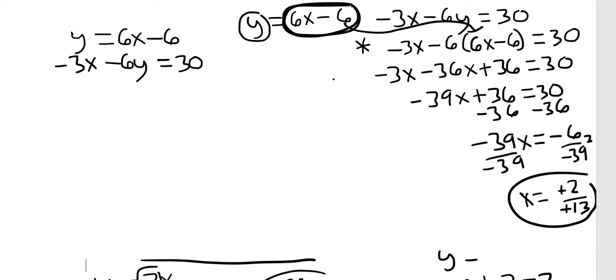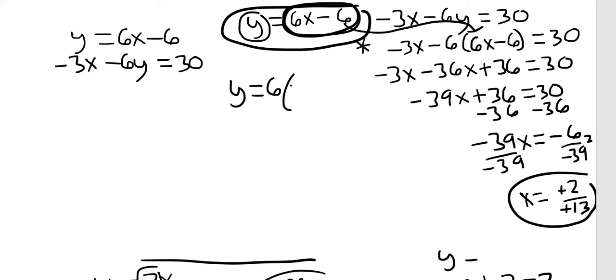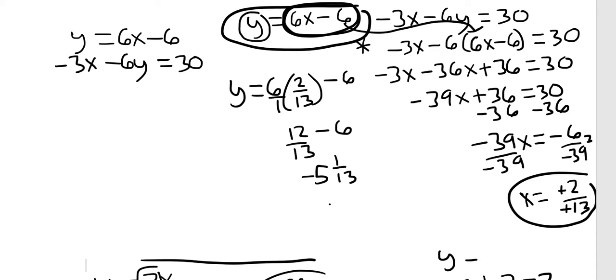To figure out our y coordinate, we go back to our first equation, we write it just like it is, but instead of the x, we can plug in 2/13, and now we can simplify. So 6 times 2 is 12, that's going to give us 12/13 minus 6, which is going to be -5 and 1/13.